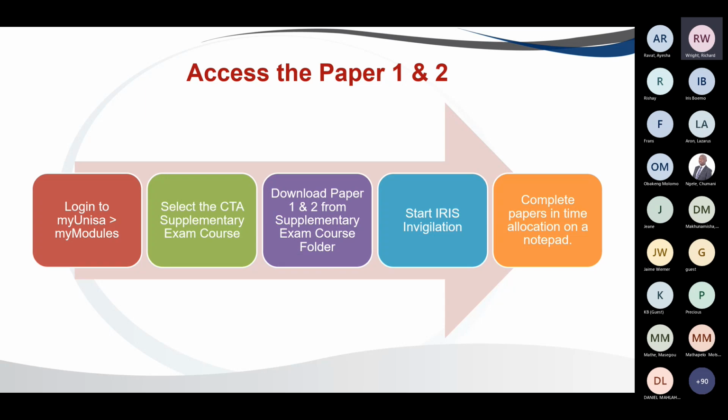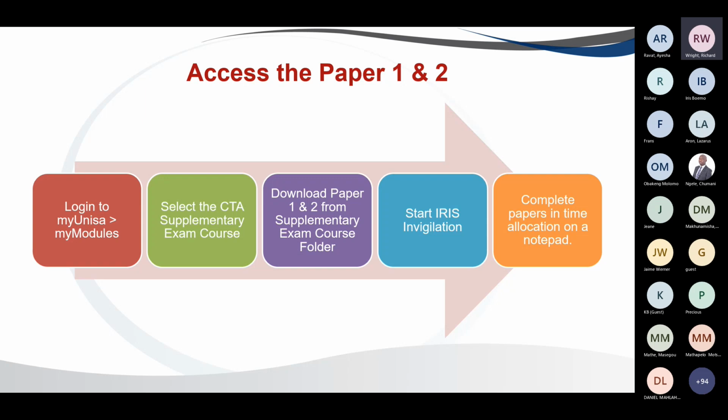The first thing, let's have a look at the procedure that you will follow on the day of the exam to access your question papers. If you've written online exams before on the My Exams portal, please note you will not be using the My Exams portal. You will only get all your information from the My UNISA portal.